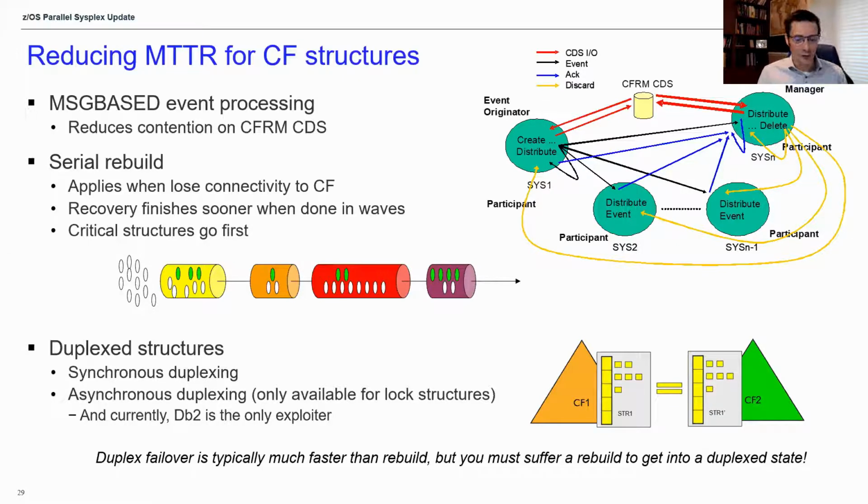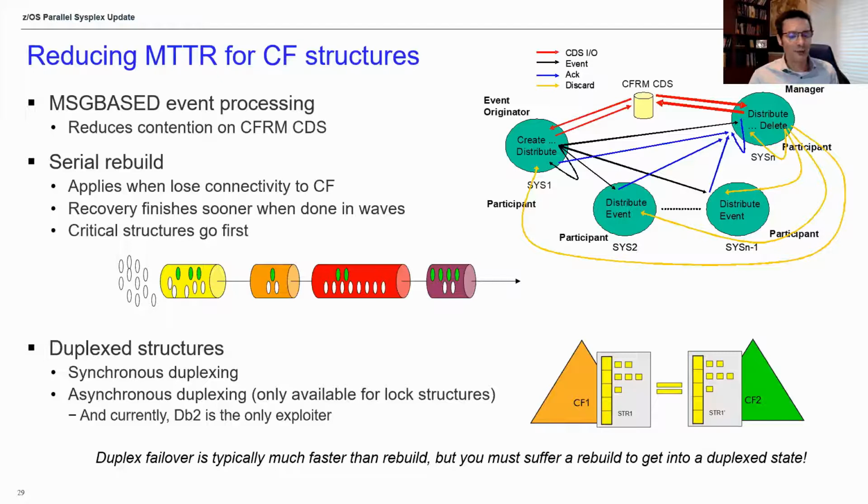Instead of rebuilding everything at once, with serial rebuild we rebuild things in batches with the most critical structures going first, for example GRS lock structures, which other rebuilds are sometimes dependent on. So we have smart technology about how we rebuild the structures.